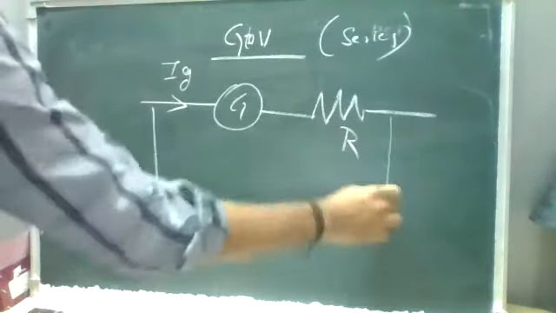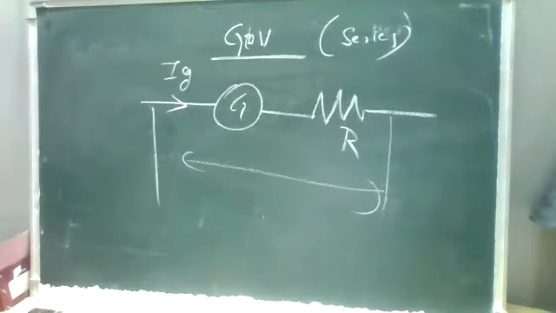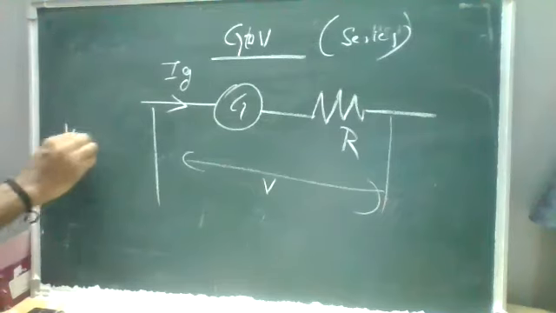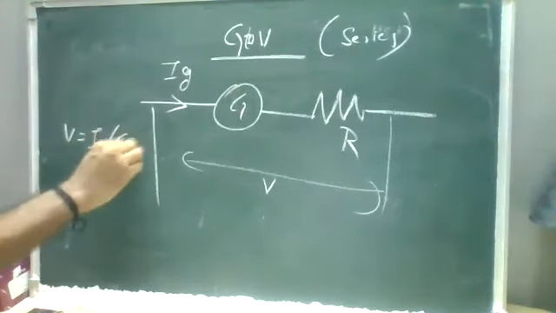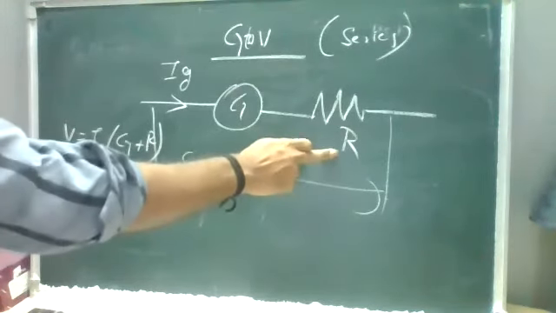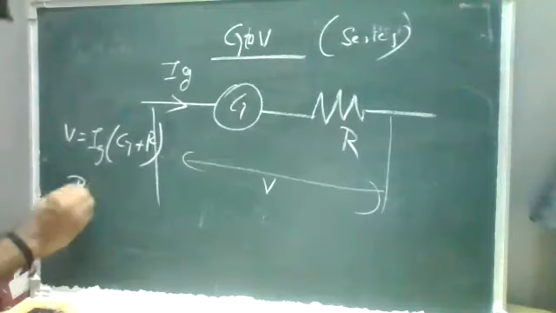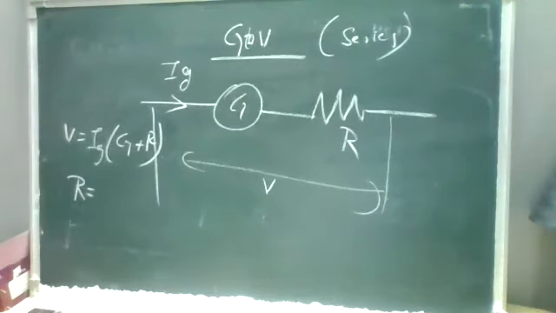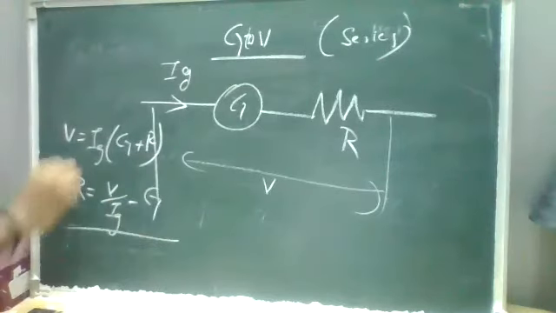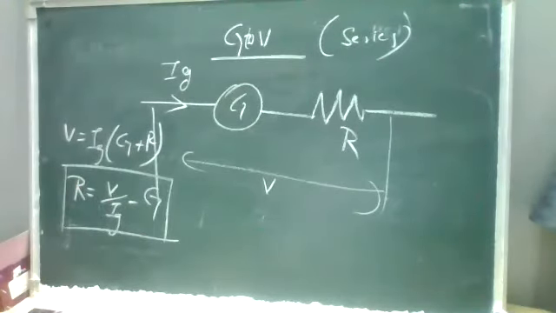When you take the terminal voltage across it, as both are in series, I'll take it as V. So V is equal to Ig into G plus R. Or if you want to find the bigger resistance value, capital R is equal to V by Ig minus G. This is your relation for galvanometer to voltmeter conversion. So we add a bigger resistance in series.